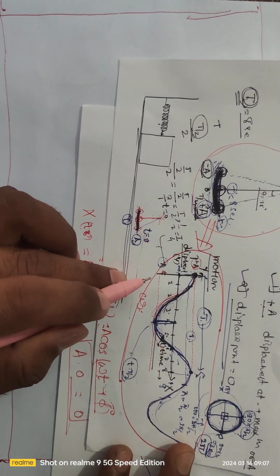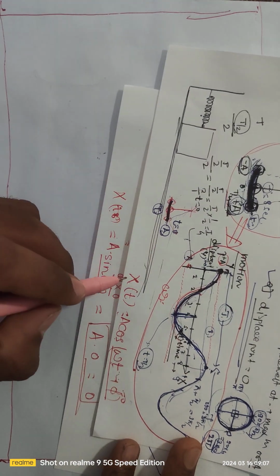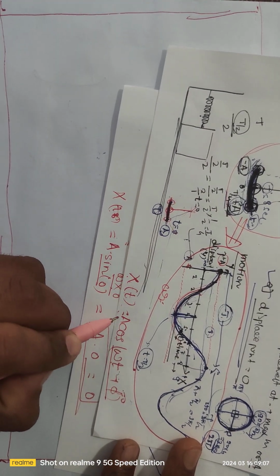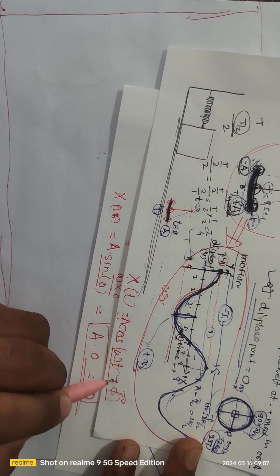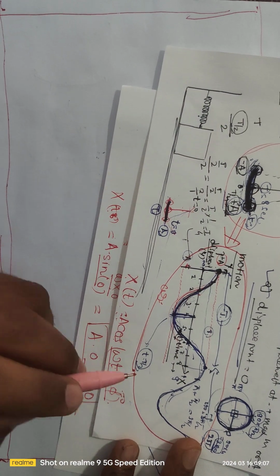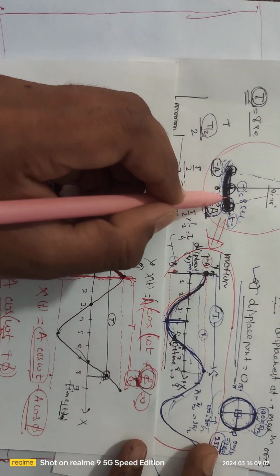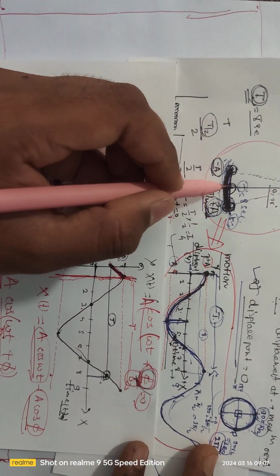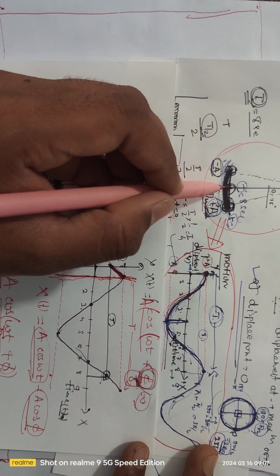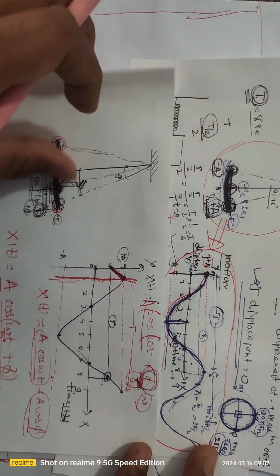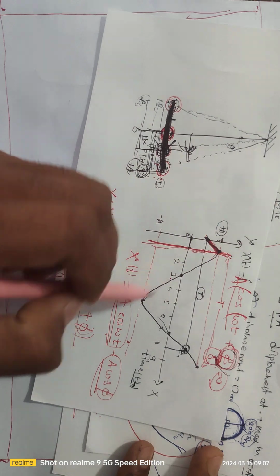So for this graph our equation will become x(t) equal to a cos(omega t plus phi). Except these two conditions, if we start counting from any position between the equilibrium position and the extreme position, at that time our graph will look like this.